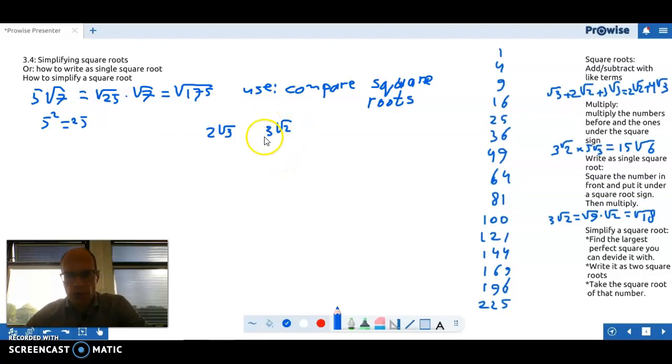That is what we basically do. Make this into one square root, make that into one square root, and you can check the number under the square root, which one is the biggest, and of course that one is the biggest.